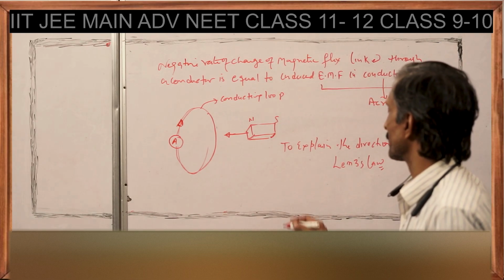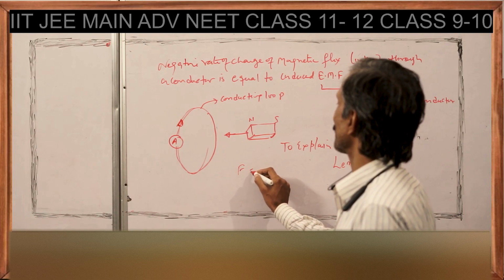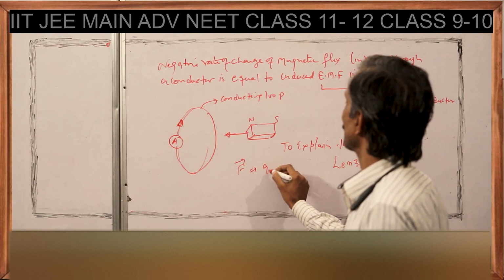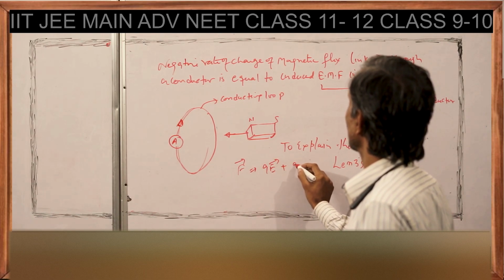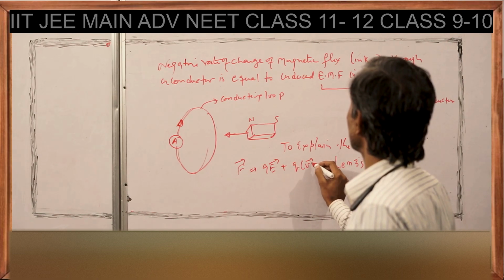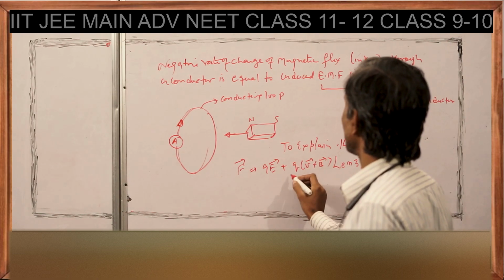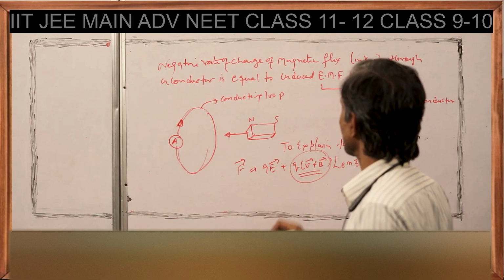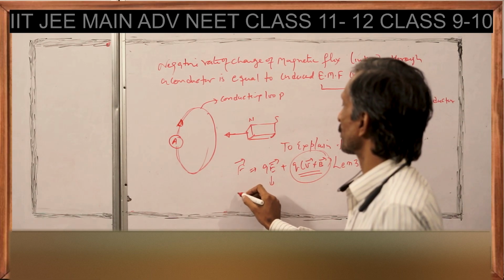The concept is very simple. We know the Lorentz force is q v cross B. To avoid the force, the net force becomes zero.